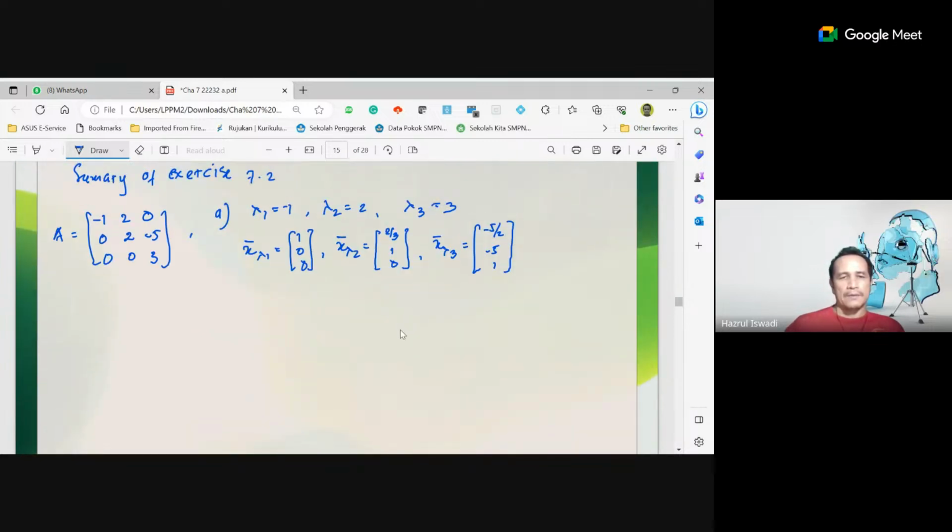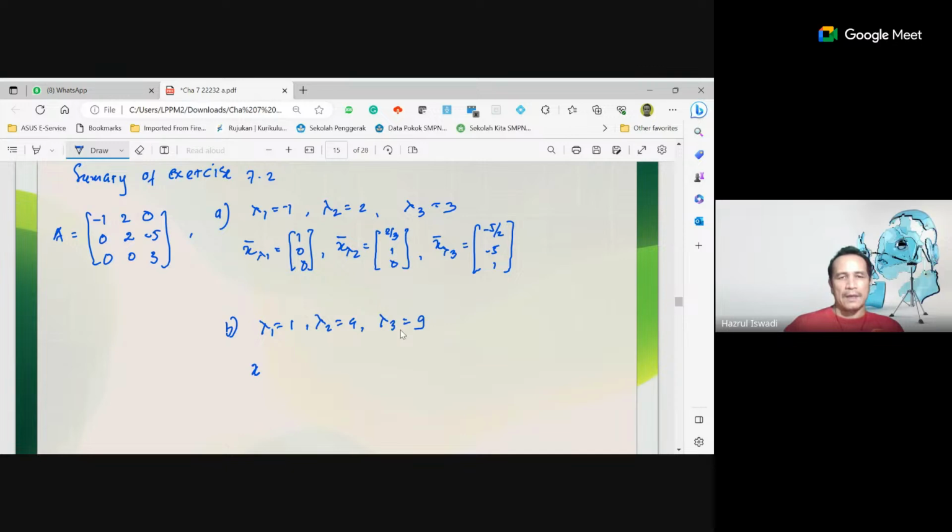For B, the eigenvalues of A squared: lambda 1 is 1, which is -1 squared; lambda 2 is 4, which is 2 squared; and lambda 3 is 9, which is 3 squared.